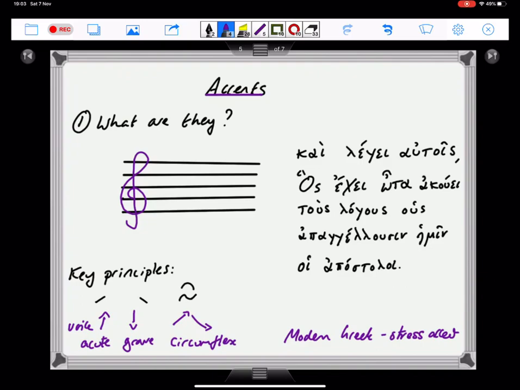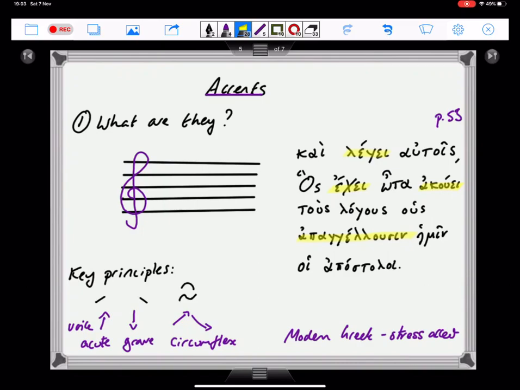The text on the screen is from Dobson. It's the first example under 10.8 on page 53. And you can see the key issues to do with accents going on here. Verbs like lege, eche, akoue, apangellousin. Verb is what we call recessive.